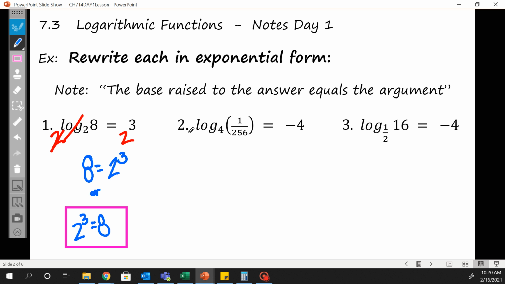So if we look at number 2, log with a base of 4 of 1 over 256 is equal to negative 4. So what this is saying is 4 raised to what power is 1 over 256? And it's 4 raised to the negative 4th power. So 4 raised to the negative 4th power equals 1 over 256.